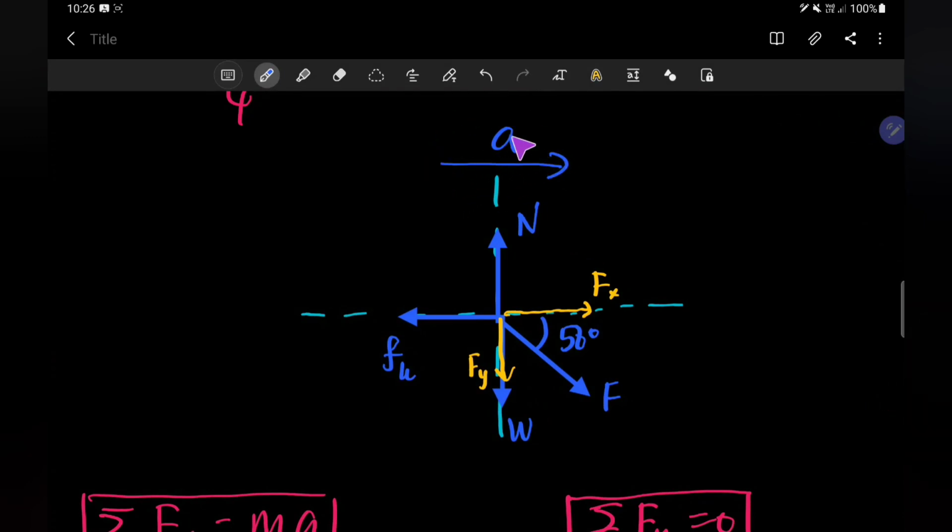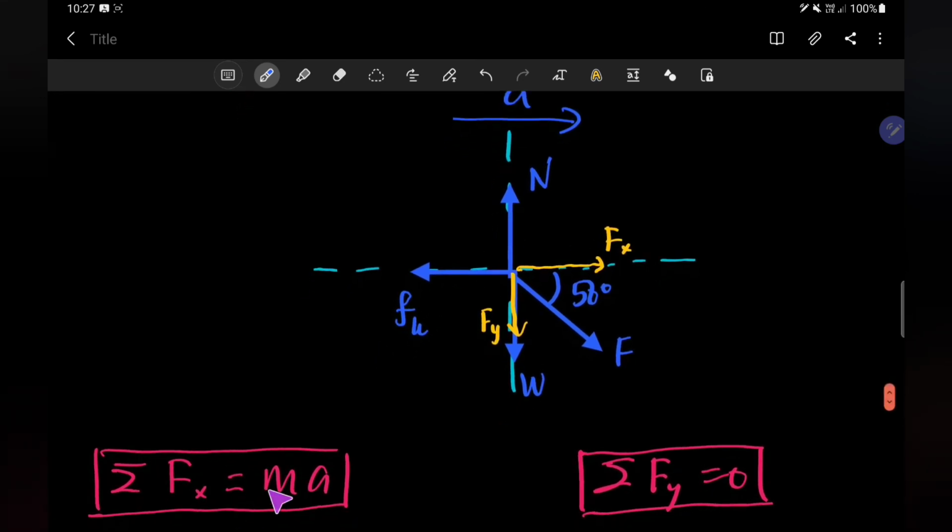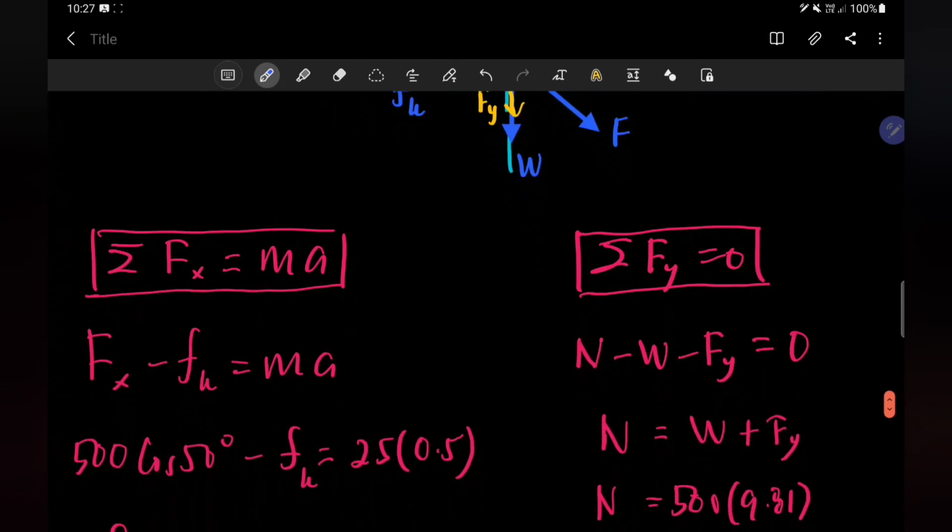So on x, a is directed to the right, so any force in the right direction we take as positive, the left direction we take as negative. Okay, so on the x component, sum of Fx equals ma, so Fx minus Fk equals ma.